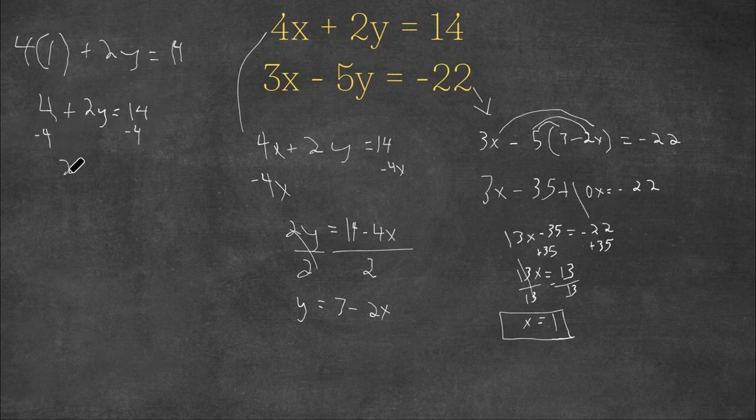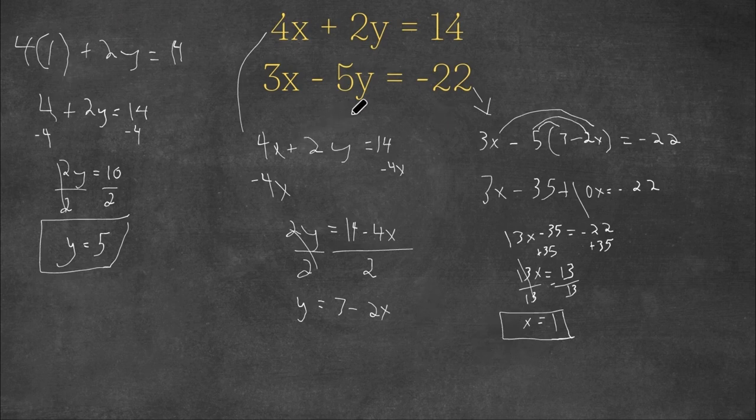So this will give us 2y equals 14 minus 4 is 10. And now we're going to divide by 2 on both sides. These two cancel out, so we get y equals 10 divided by 2 is 5. So now, as you can see, we've solved for both x and y.